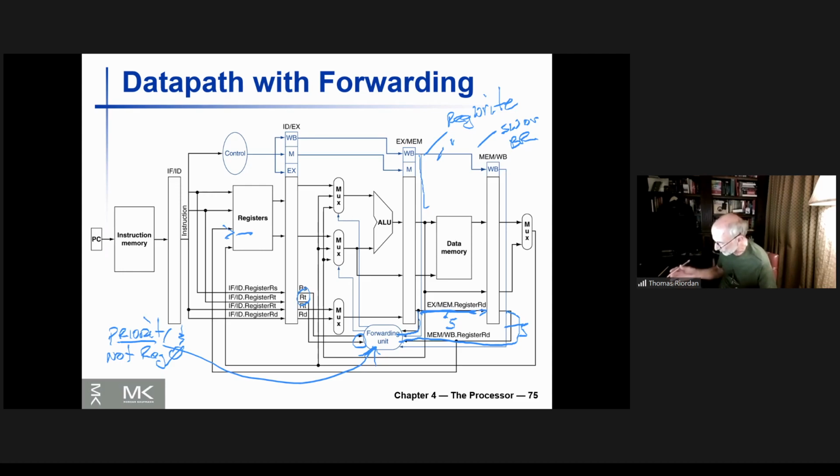So you can think about that. You don't need any other signals going in there to do these extra two qualifications. The only signals you need going in are the RS and RT, the two destination values, and the qualification signals. Those are the signals that you need going into that little box. And so you should understand what those signals are and what they do and how they do it. Hopefully I've explained that clearly enough here.